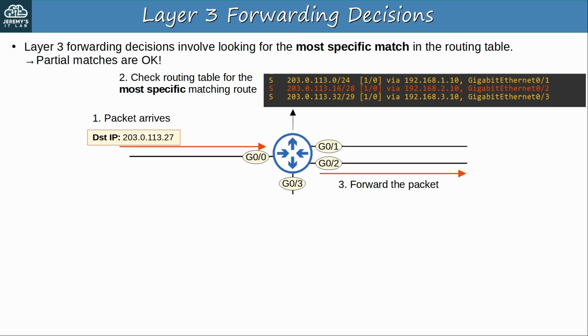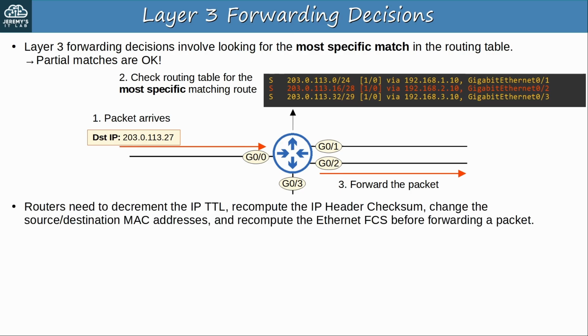So the router will forward the packet to the next hop IP address indicated by the route. Note that the router doesn't simply forward the packet like a switch does with a frame. Routers also need to decrement the IP TTL, recompute the IP header checksum, change the source and destination MAC addresses, and recompute the Ethernet FCS before forwarding a packet. And as a side note, when I say router here, this includes multilayer switches when they are routing packets.